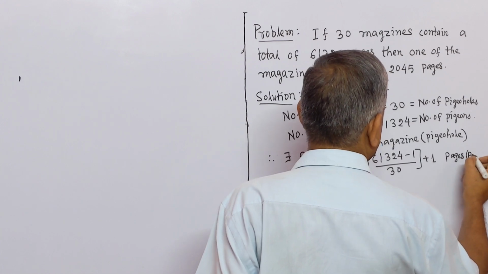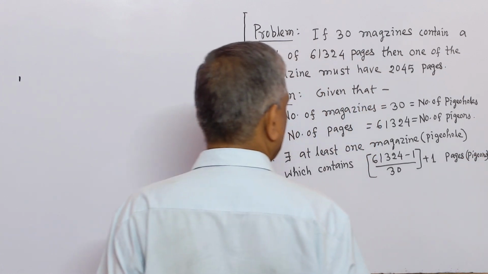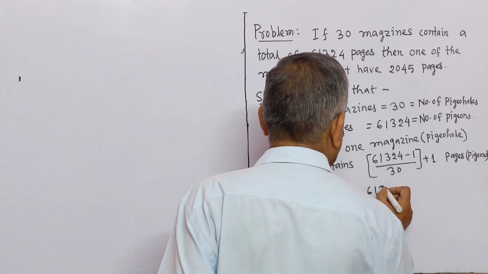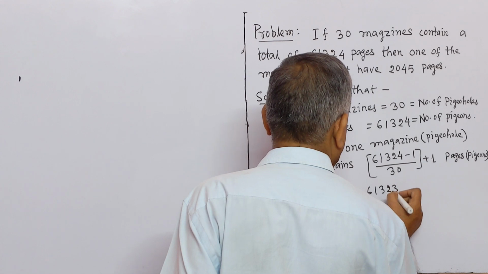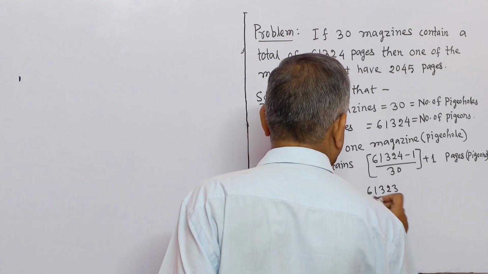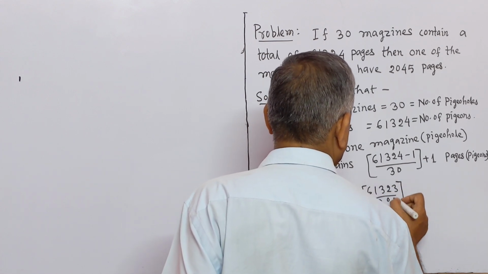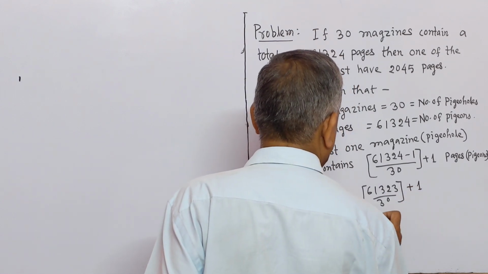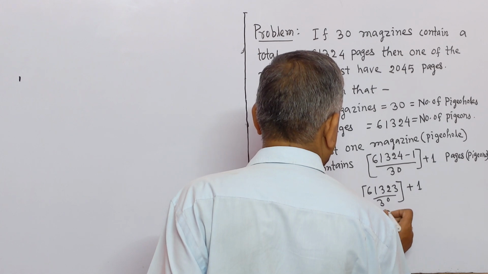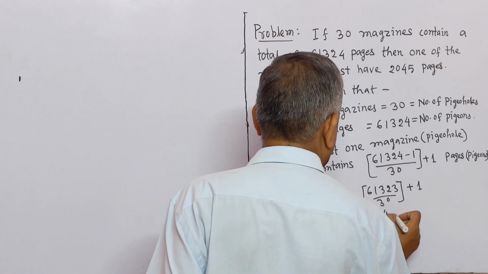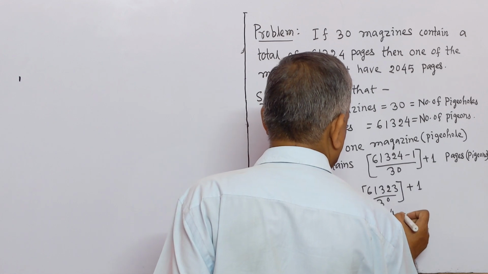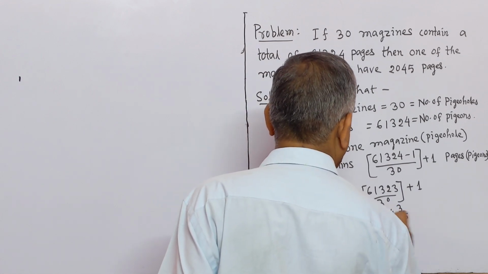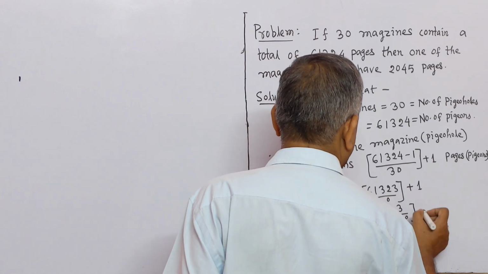This is pigeons, and this is equal to the greatest integer function of 61,323 by 30, plus 1, and this is 2044 and 3 by 30, plus 1.